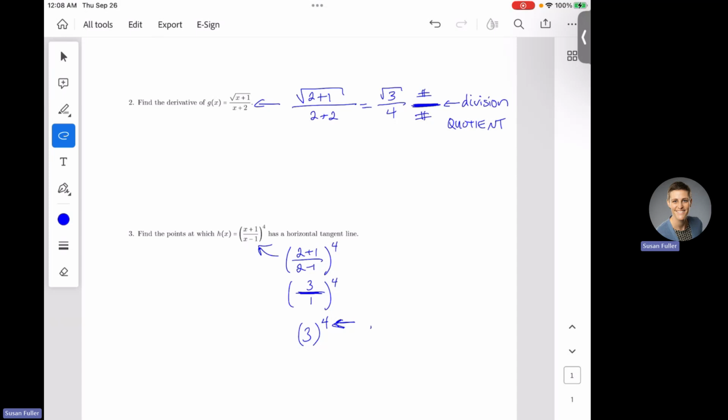What that tells me is that I have stuff to the fourth power. It tells me that I have something inside a power of 4, right? And it's something inside and next to the fourth. That means you have an inside function and an outside function. That means that you're going to start with, I can't spell, the chain rule.